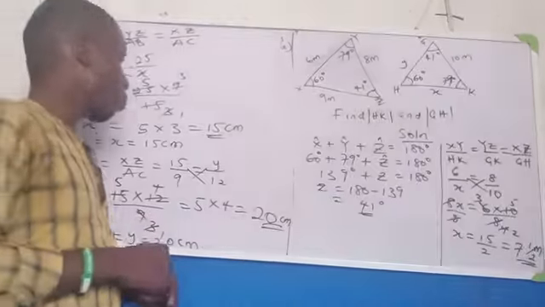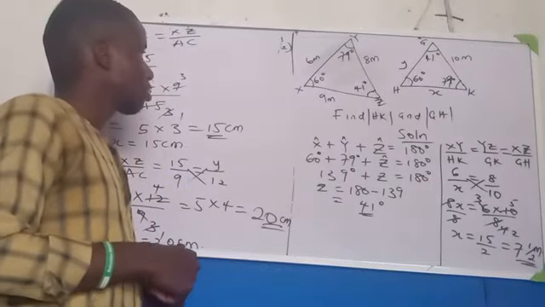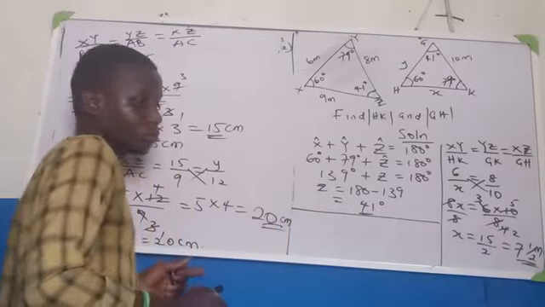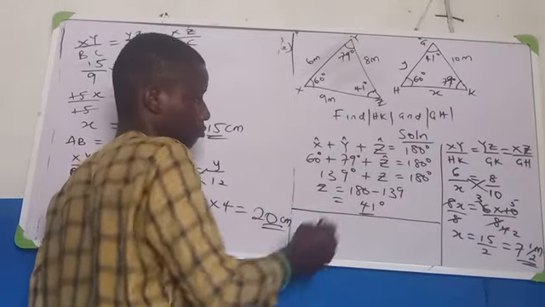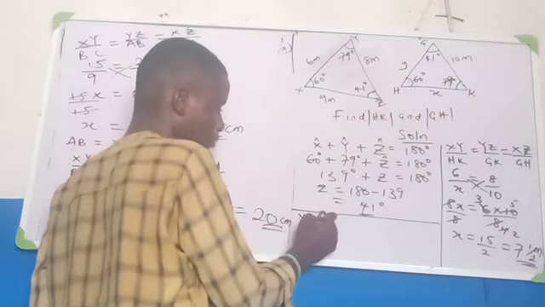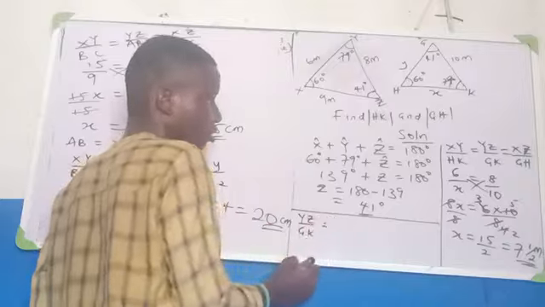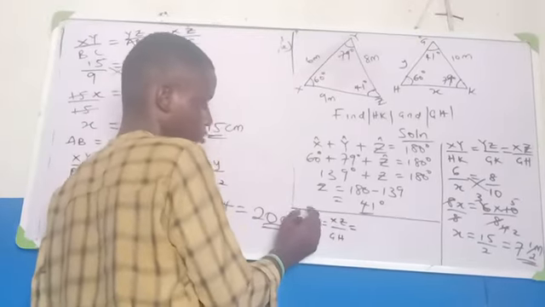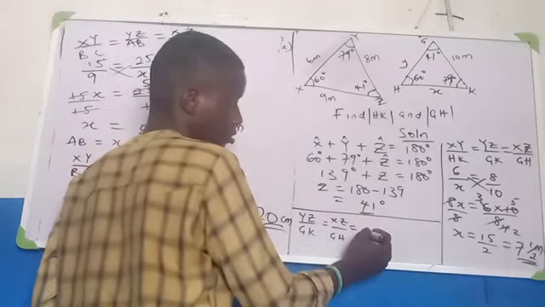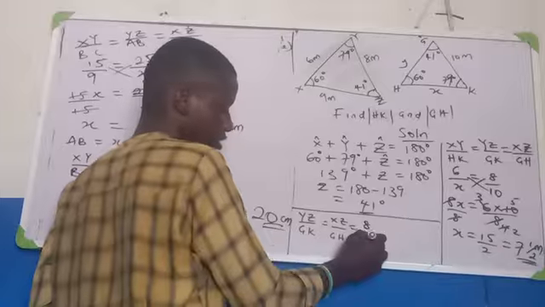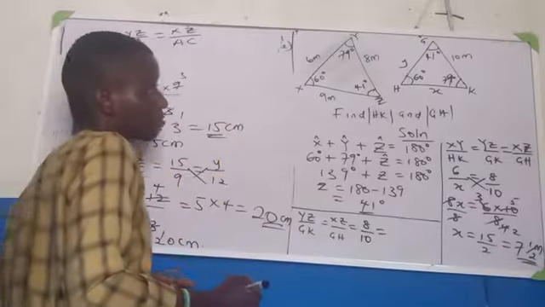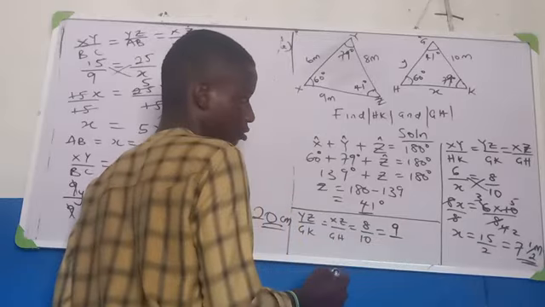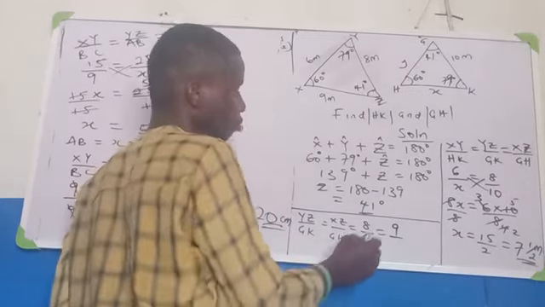So the final part is for GH. What am I going to have? Remember, we had a complete YZ over GK equal to XZ over GH. So YZ is 8, GK is 10, XZ is 9, and GH is y.